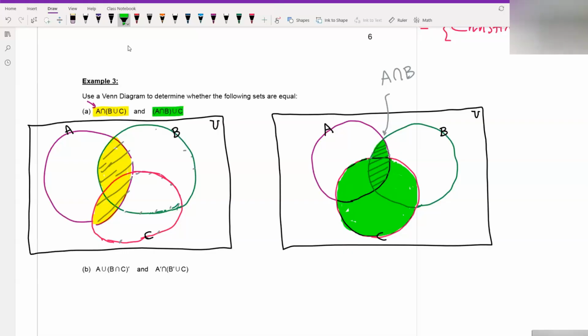This is the answer for that one. In green is the answer for A intersection B union C.